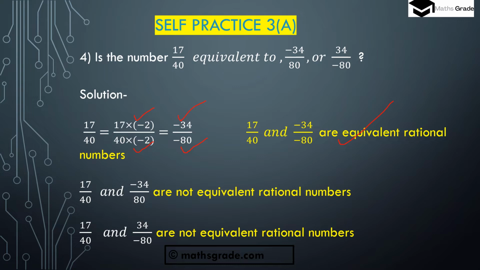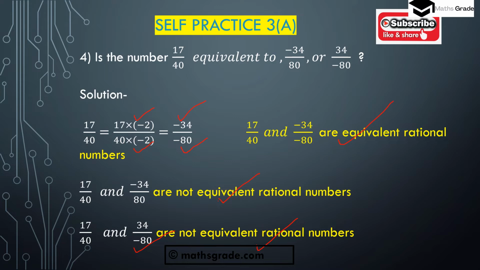So 17/40 and -34/80 are not equivalent rational numbers. Is 34/-80 equivalent to 17/40 or not? 17/40 and 34/-80 are not equivalent rational numbers, as here the minus sign on 34 is missing. So 17/40 and 34/-80 are not equivalent rational numbers.